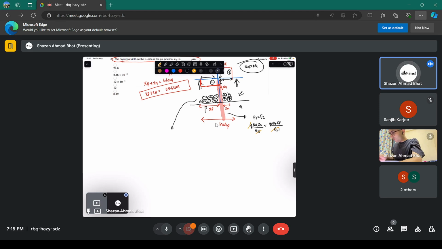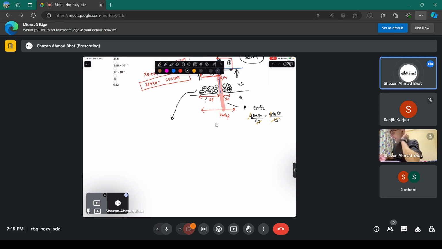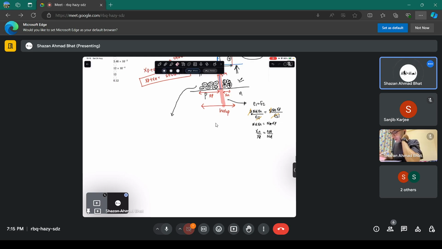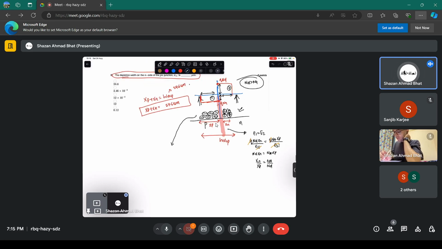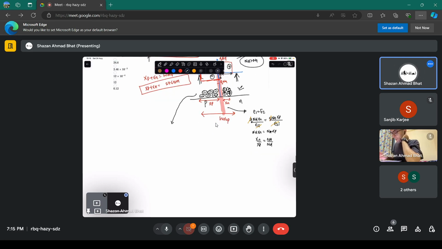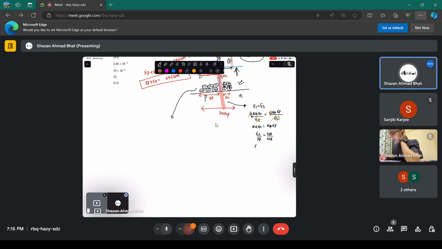These things will go, and you can get ND XN equals NA XP, or you get XN divided by XP equals NA divided by ND. We need to find the value on the N side. So let's write XP as ND XN divided by NA and put it here.